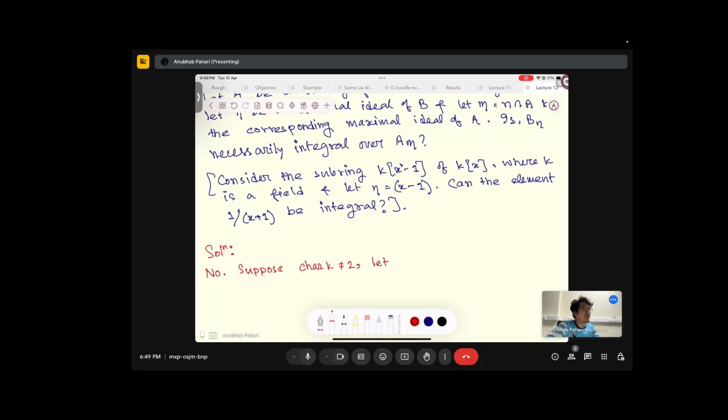Let B equals k[x] and A equals k[x squared minus 1].